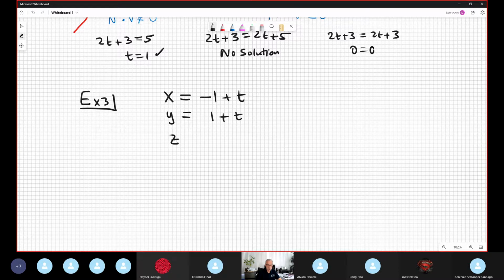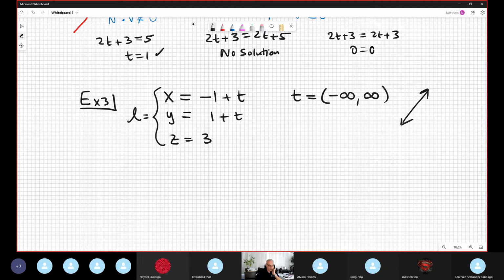The equation, this is the set of the parametric equations for the line. This is the line. Don't forget to define the domain of t, in general a subset of the real numbers. In this case, it's all real numbers because it's a line. It's infinite in both directions.